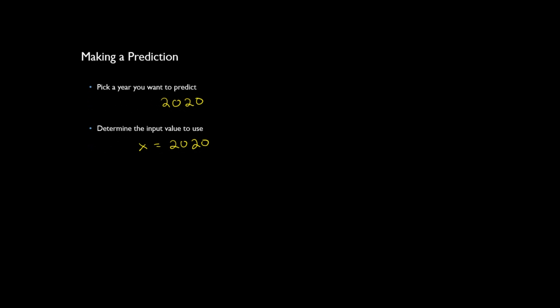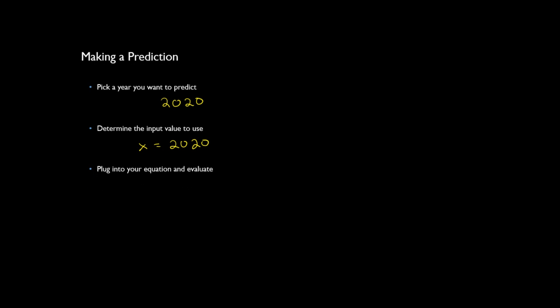If we start counting 2000 as 0, then 2020 would be 20 to plug in, not 2020. So you do have to pay attention to where your starting value is. In this situation, our starting value was the literal year, so we don't have to do any conversions. But that's just something to be aware of. That's why I have these as separate, because sometimes the year you want to predict is not what you plug in.